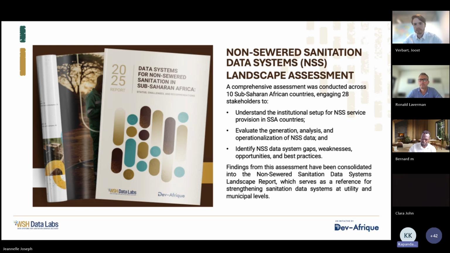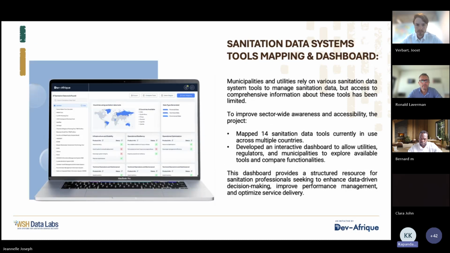Over and above that, we've also come up with a tools mapping tool. What it does is map the different sanitation data systems that are being used across Sub-Saharan Africa and also South Asia, to give a general overview to key actors or interested parties of what sanitation data systems are currently in use.